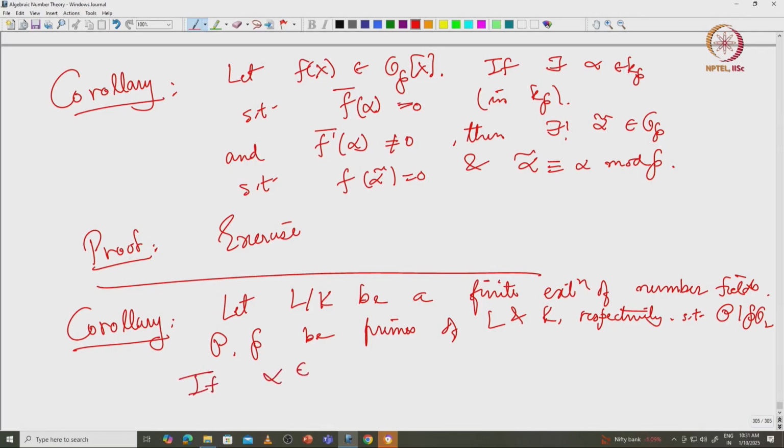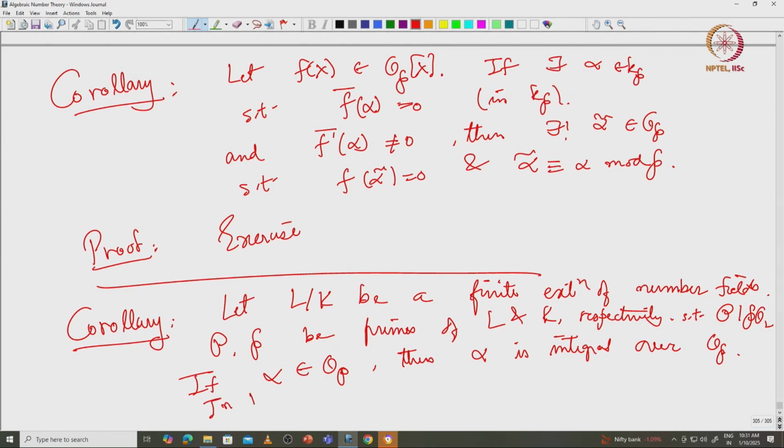If alpha belongs to O_P, then alpha is integral over O_p. So, this is kind of what you would expect, and this turns out to be true.